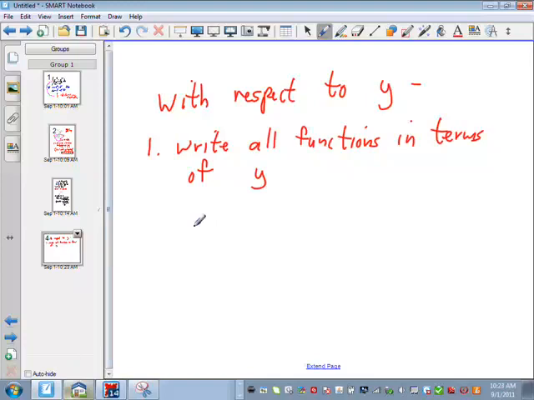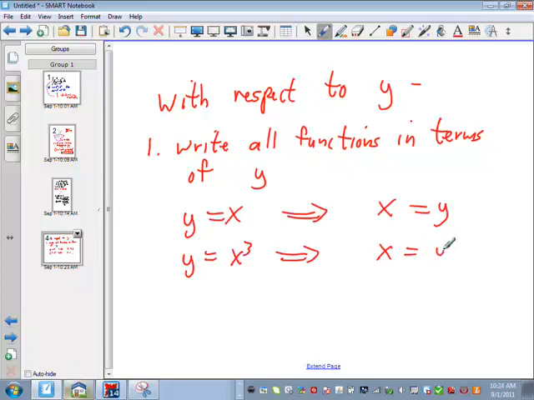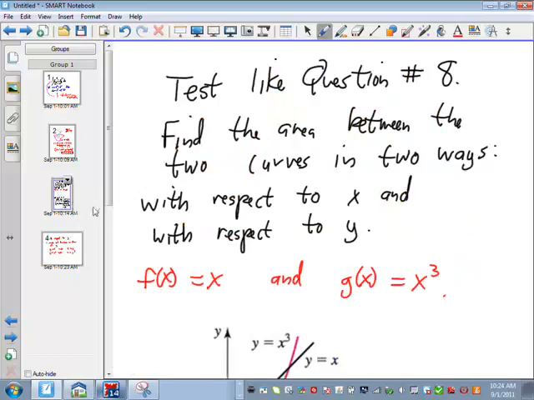Therefore y equals x becomes x equals y, and then y equals x cubed becomes x equals y to the 1/3. But those are the functions, right?